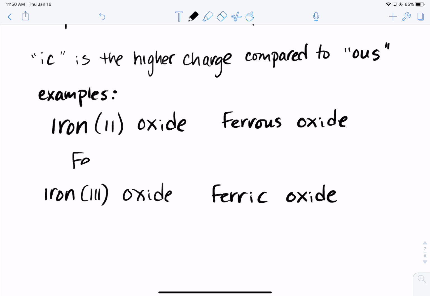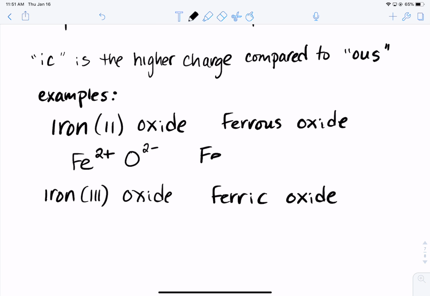Fe. What's the charge? Well, you look at the Roman numeral. It is 2 plus. How do I know that? Because of the Roman numeral. Oxide, what is that? Oxygen, good. And the charge for oxygen is -2. So what's the formula for iron 2 oxide or ferrous oxide? It's just FeO.